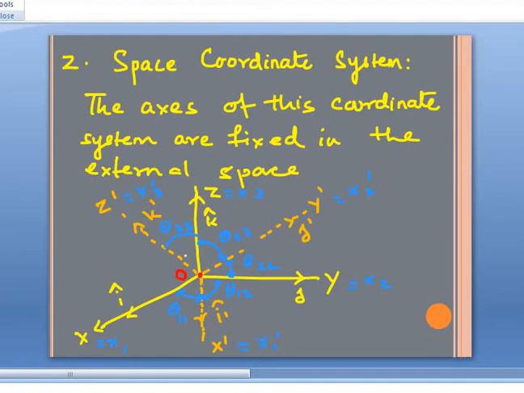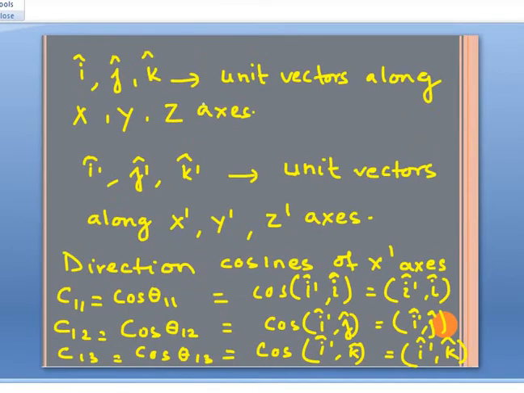Now let us try to draw a rigid body. You have the dotted lines, which I have mentioned as the primed coordinates, and the yellow lines are the external coordinate system. They make some angles with each other, and these are known as direction cosines. Let i, j, k be the unit vectors along the x, y, z axes.